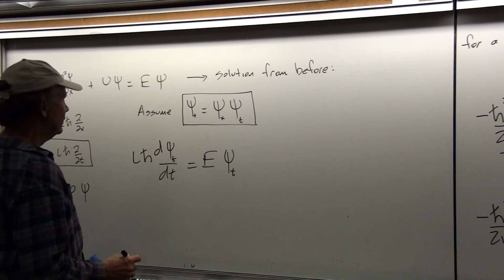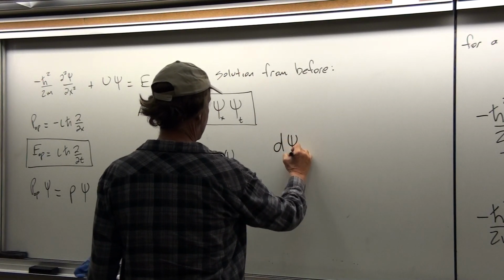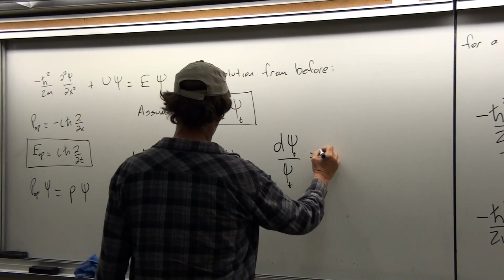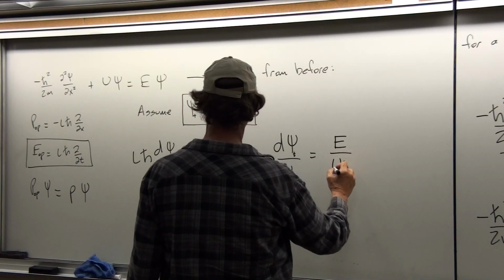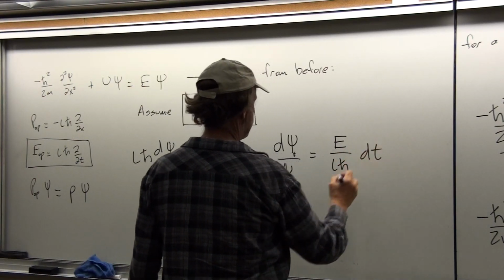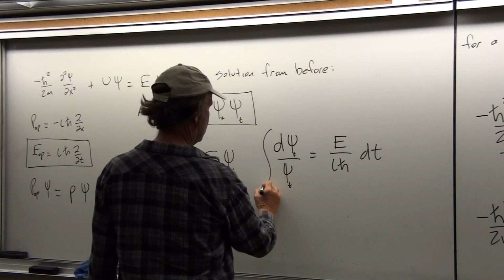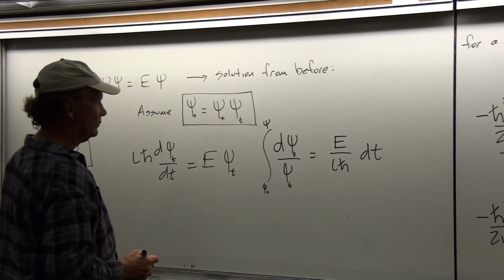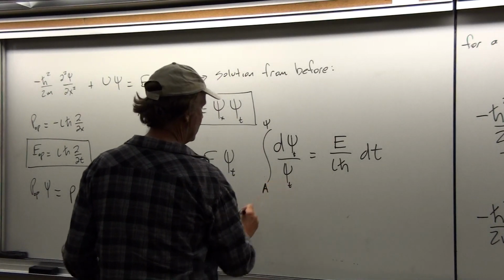This is a separable first order differential equation. So we can write this as d psi over psi(t) equals E over i h bar times dt. Integrate this from some initial value for psi at time equals 0 to some final value of psi that's a function of time. And I'll call this initial psi some constant A.